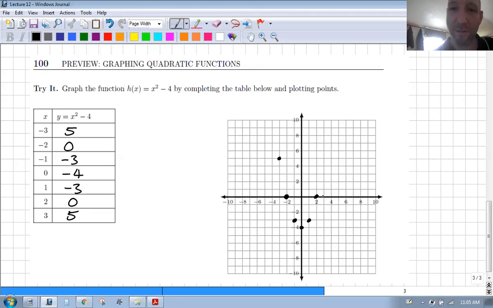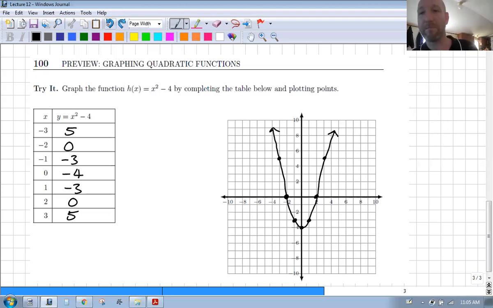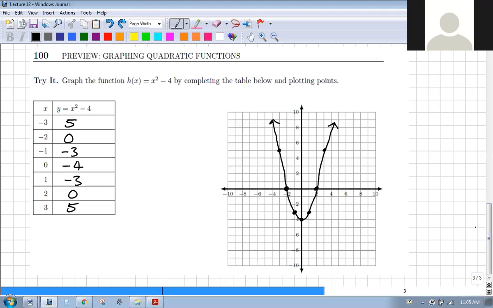At 3 we're up here at 5. So like I said, it looks exactly like the graph of x squared, except everything has been moved down 4 because we subtracted 4 from our x squared. Does that make sense? Yes. All right, good.